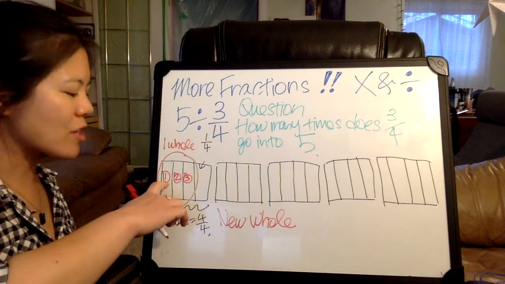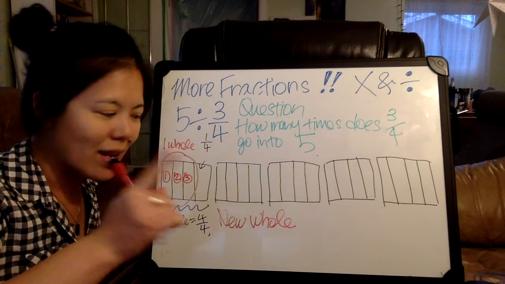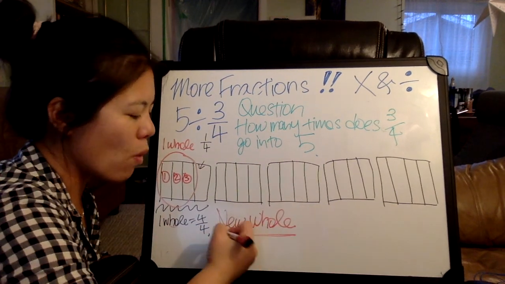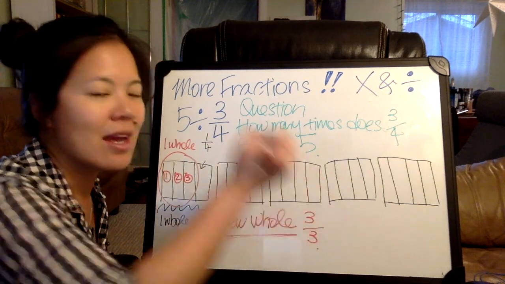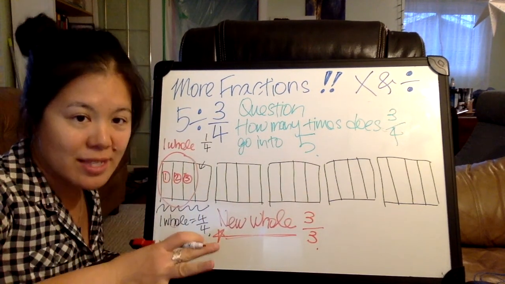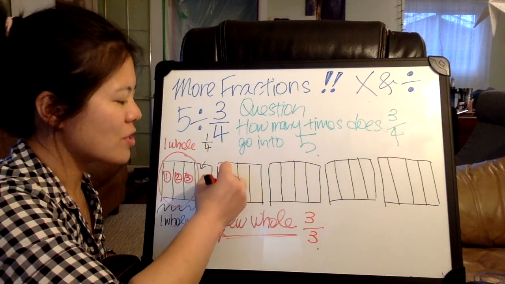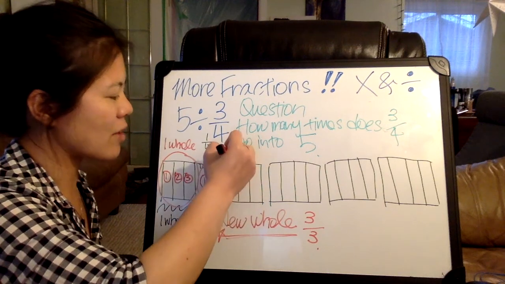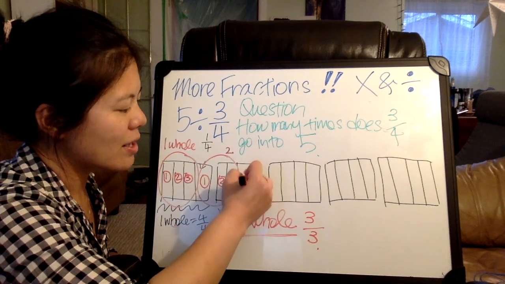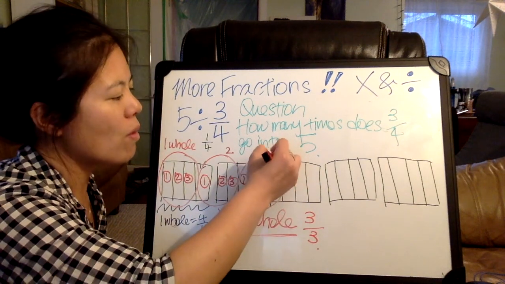When I have 1, 2, 3 pieces, I'm counting that as 1. That means my new whole is when I have 3 pieces out of 3. This is going to be super important later on. So once again, 1, 2, 3, that's my second whole. 1, 2, 3, that's my third whole.